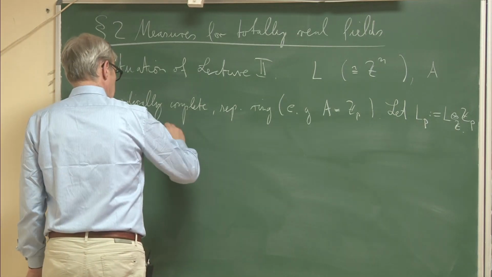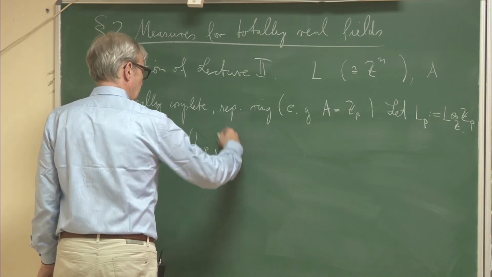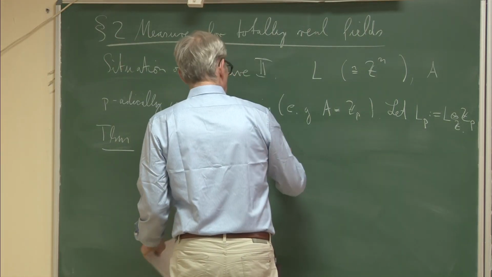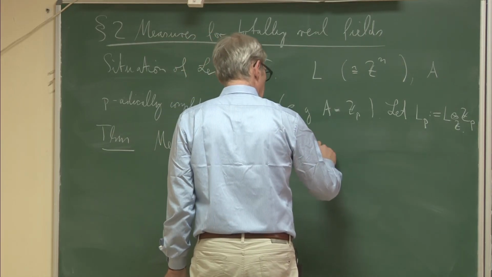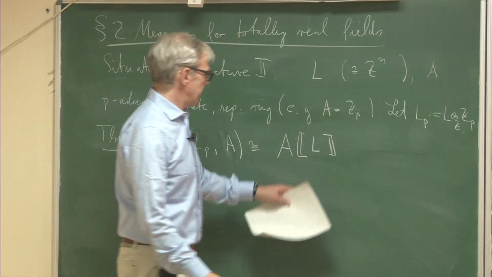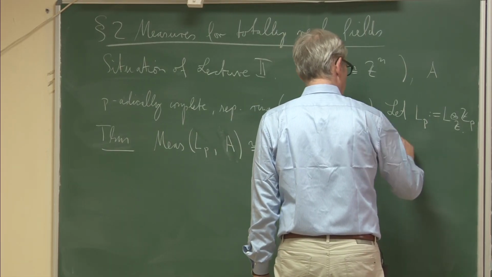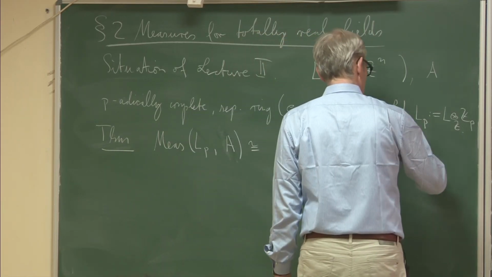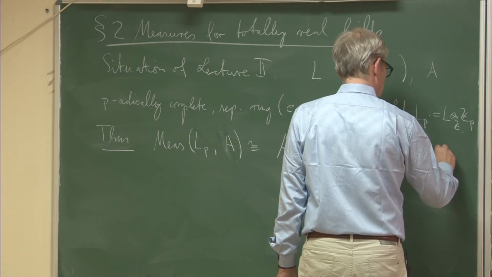So then the theorem is: the measures on this L_p with values in A are isomorphic to the completed group ring of L, which showed up in the second lecture. So let me remind you, this was the inverse limit, completion of the group ring A[L], modulo the augmentation ideal to the power k plus 1.